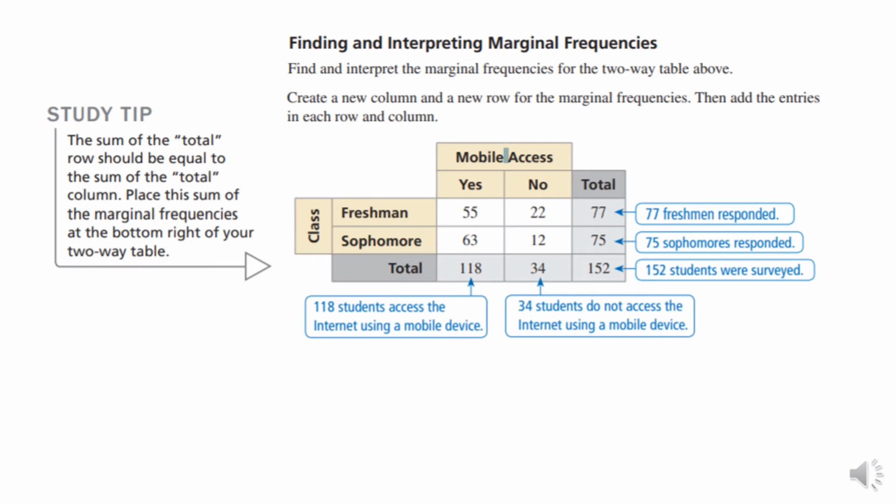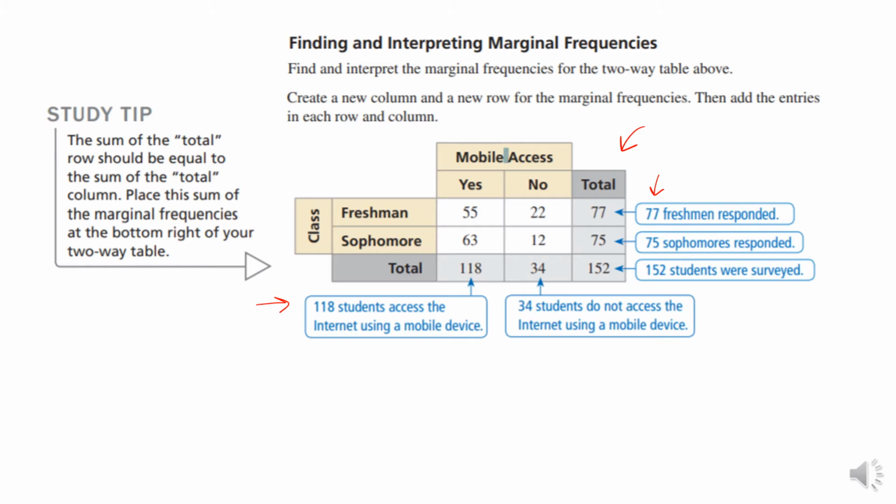Okay, so now we're going to find and interpret the marginal frequencies. We already talked about what a marginal frequency is. It's when you total up your rows and columns. And then they're going to ask you to interpret it. Well, this is the interpretation right now. We really can't interpret it beyond what the numbers are. In another case, they might ask you, what do you think?